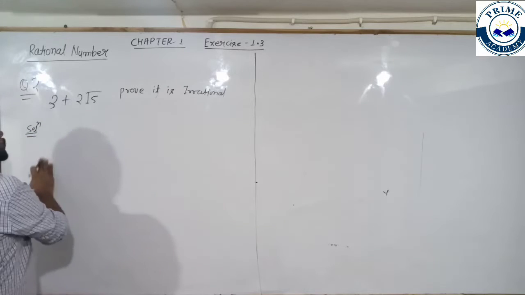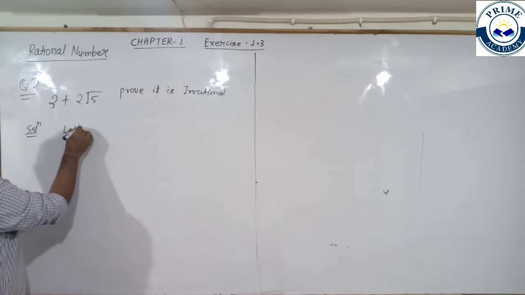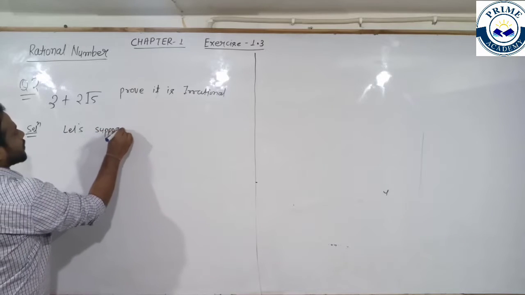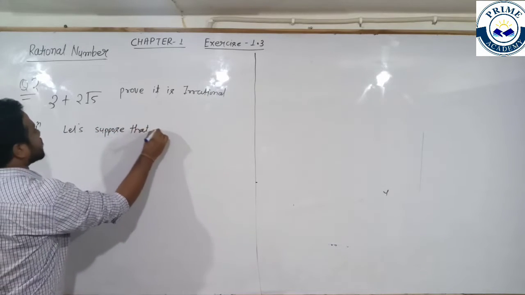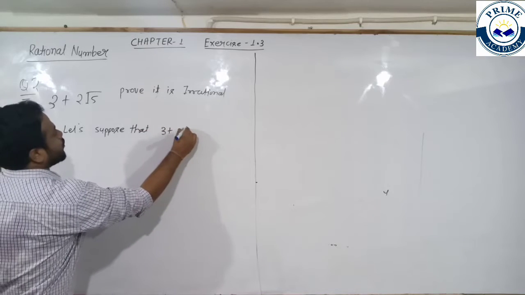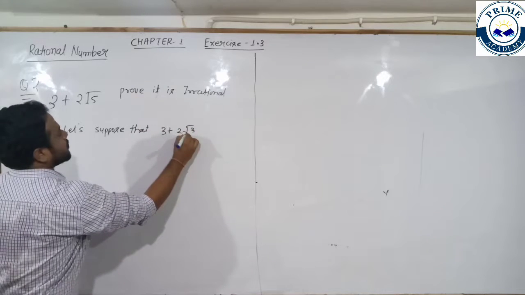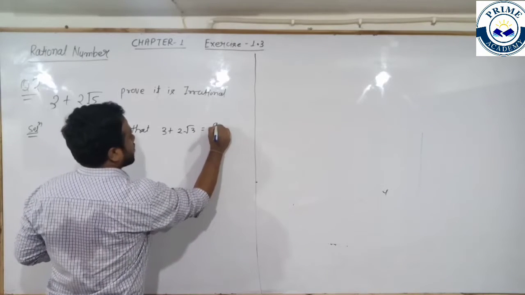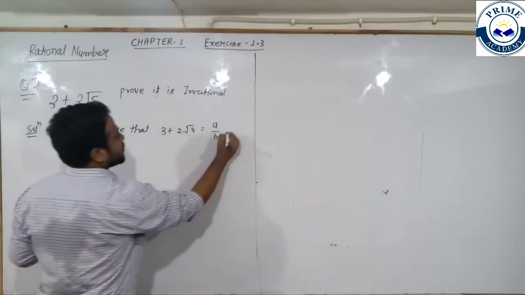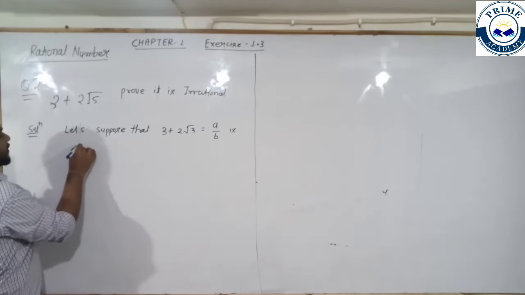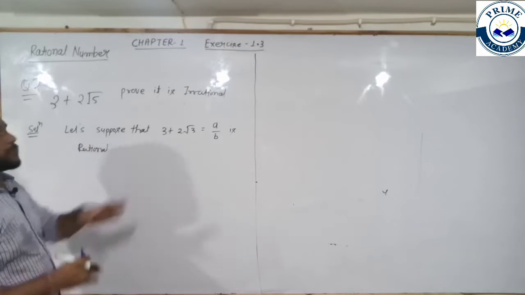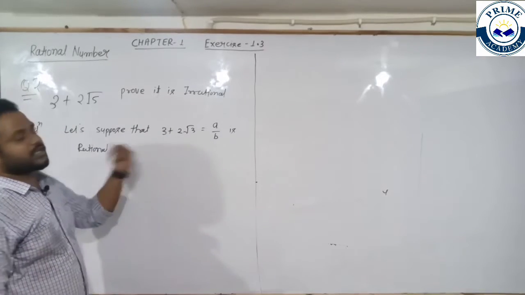Let's suppose that 3 plus 2 root 5 is a rational number. We have to prove irrational, but I am assuming this is a rational number.